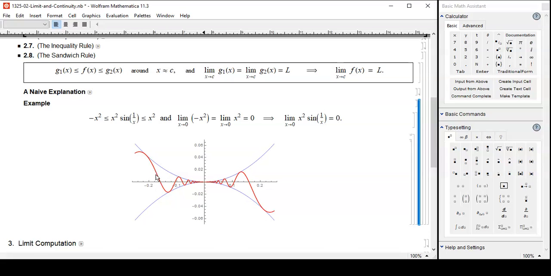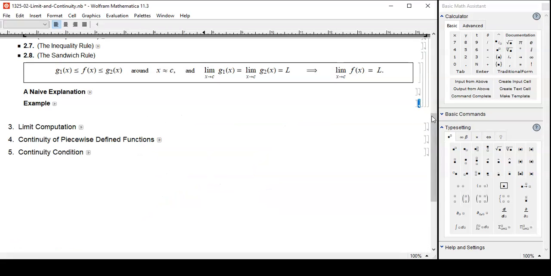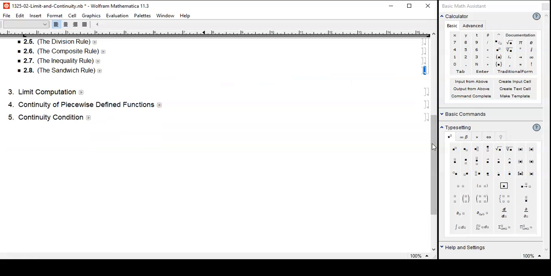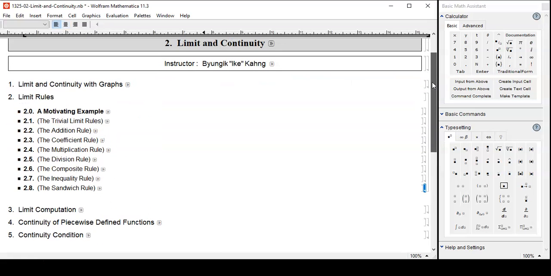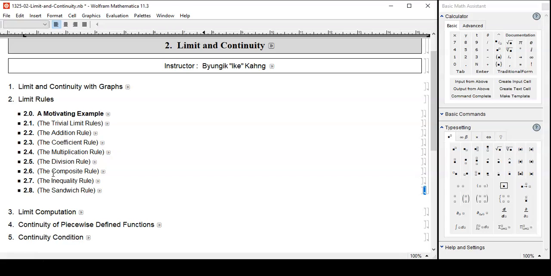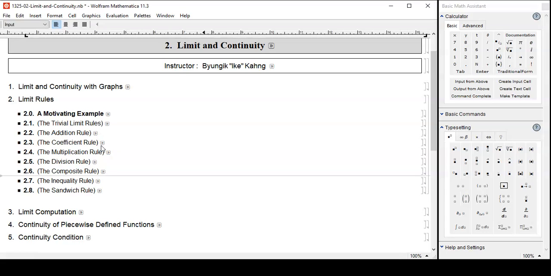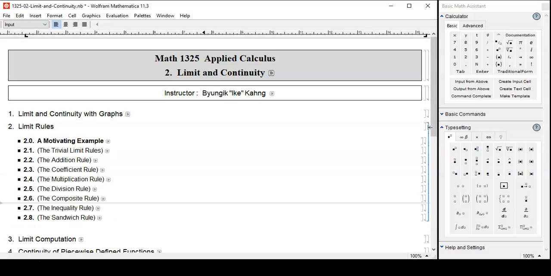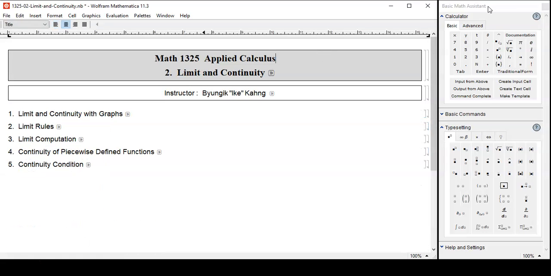My main function f is being squeezed in because lower and upper functions are both going to the same limit. Consequently, my red function is going to the same y-coordinate value too. And as you can see from here, this kind of thing is more important for trigonometry-based calculus, not for us. So these two are less important. And all these, 2.1 through 2.6, those are all about plugging in. Can we plug in? Yes.